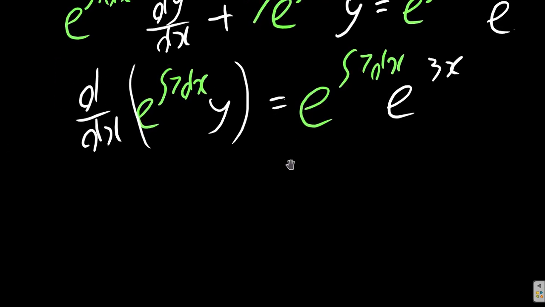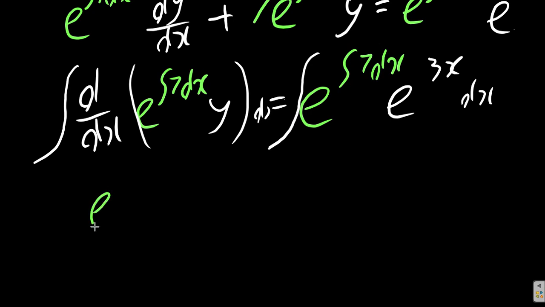Now, if we integrate both sides, the integral of this is equal to the integral of this dx. Over here, the integral of the derivative of a function will leave the function undisturbed.